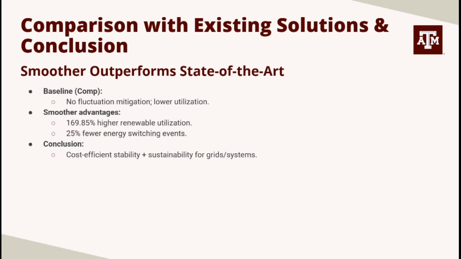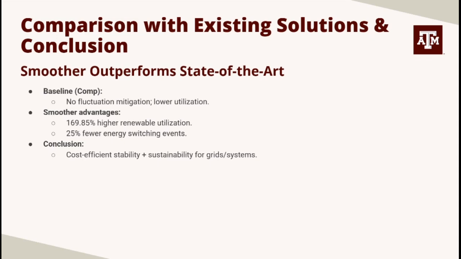These improvements come without prohibitive battery costs, making Smoother a practical solution. Future work could extend these techniques to hybrid energy systems or solar power.